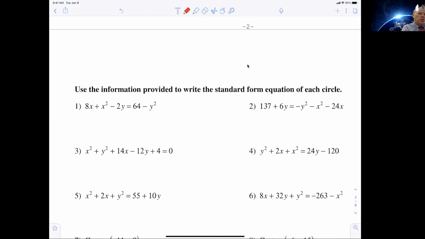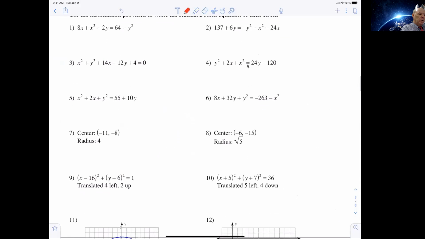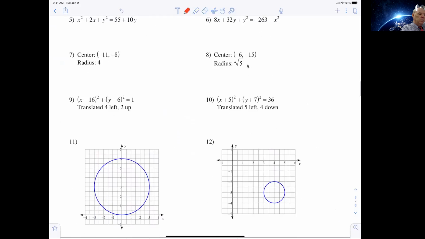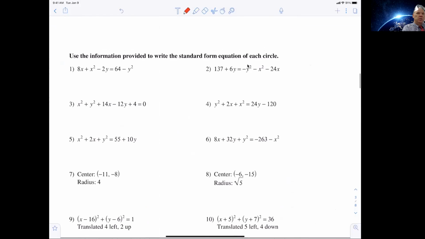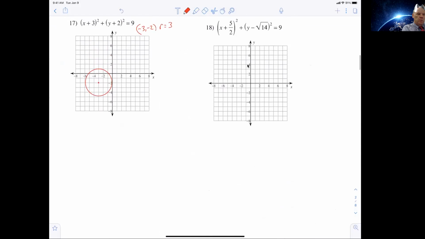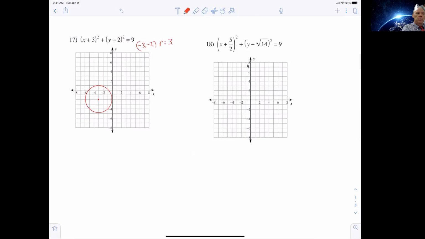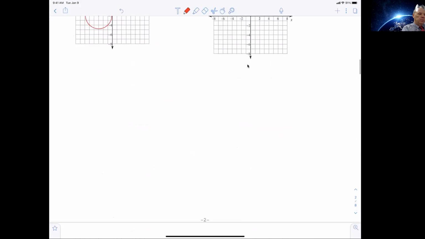Now, there's just lots of practice here, guys. So I'm going to continue down. I'm going to try to do all of the odds again, and then you just have the evens for homework. I really want to practice this with you because tomorrow I have a whole lesson on all of the SAT questions. Well, you just have to estimate where 5 halves and square root of 14 is. It's kind of a silly problem, but.